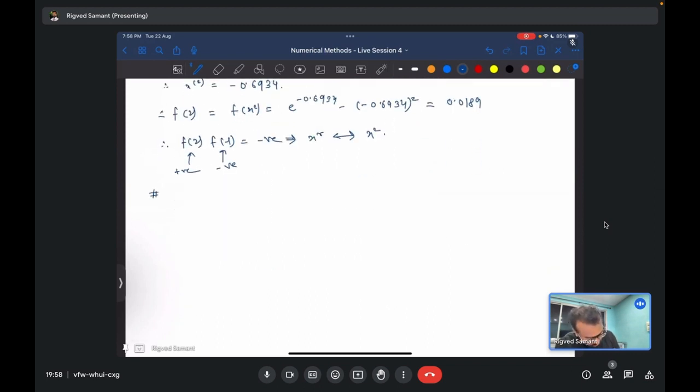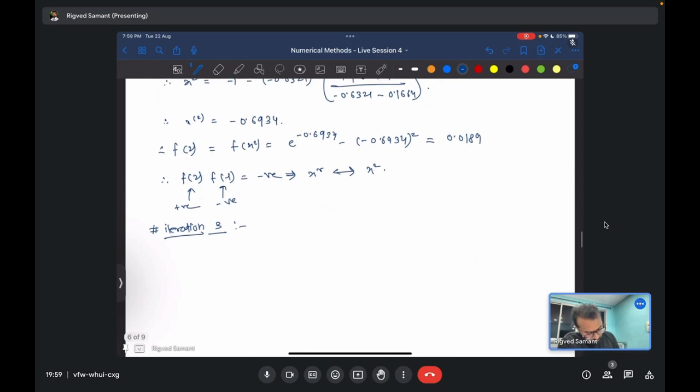So for iteration 3, what you will do, xL again would be the same, minus 1, xR would be minus 0.6934.